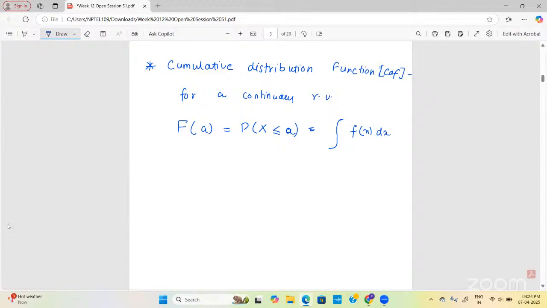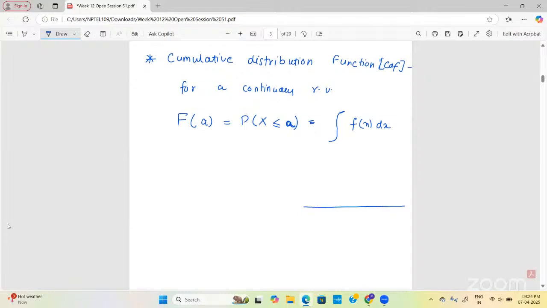And what will be the range? So we have to integrate up to the point at which we have to find the CDF. So here that point is A. You can see X is less than or equal to A. Okay, suppose this is our X axis and this is the point A, and we have to find the probabilities below this point.